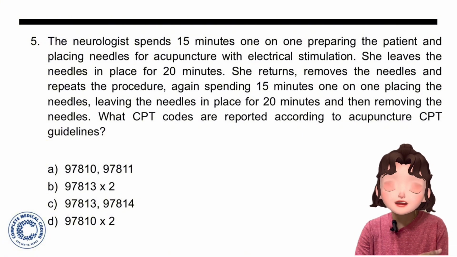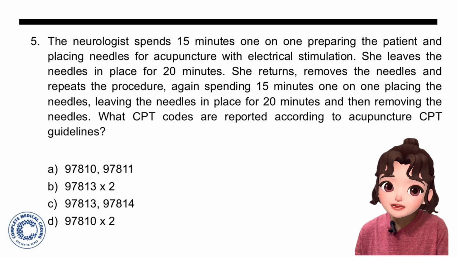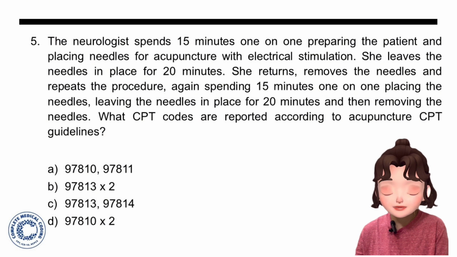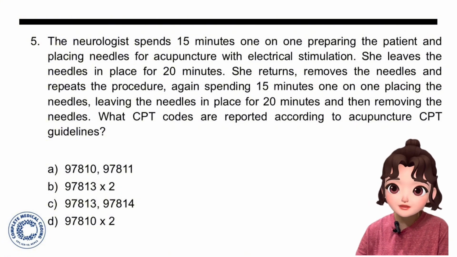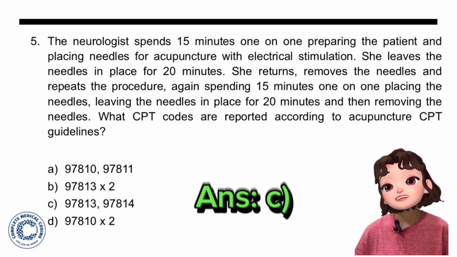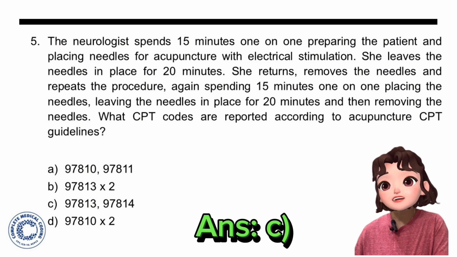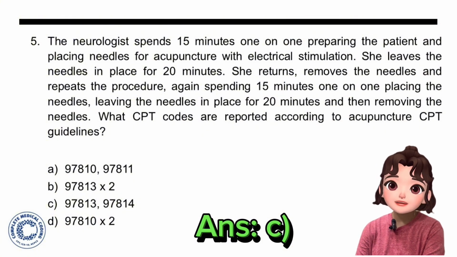So initially for the first 15 minutes you code 97813 and then for the next 15 minutes you code 97814. Since there are two different codes, you have to use them. You should not use 97813 times 2 because there is a separate code for additional 15 minutes. So go for option C. The correct answer is option C, 97813 and 97814. All right.